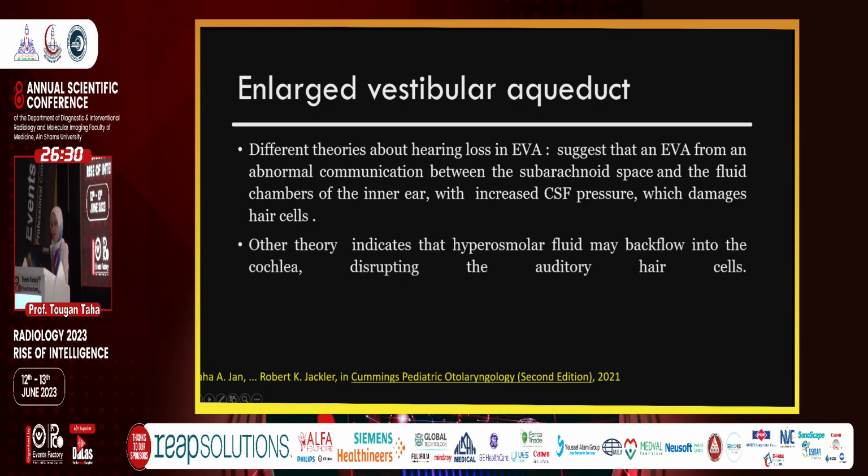There are different theories about hearing loss in enlarged vestibular aqueduct, and the most common suggests that it forms an abnormal communication between the subarachnoid space and the fluid chambers of the inner ear, which increases CSF pressure, which damages the hair cells.